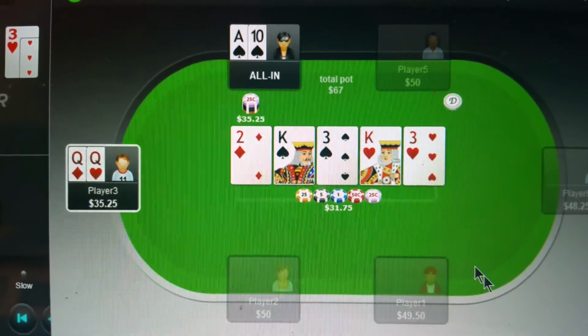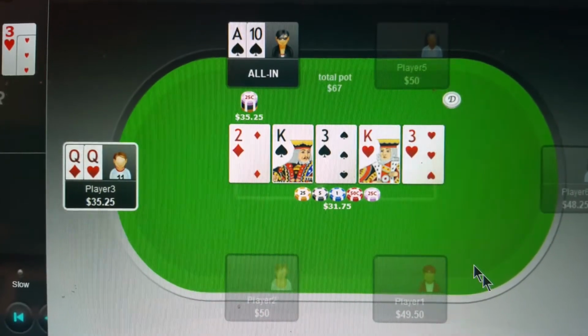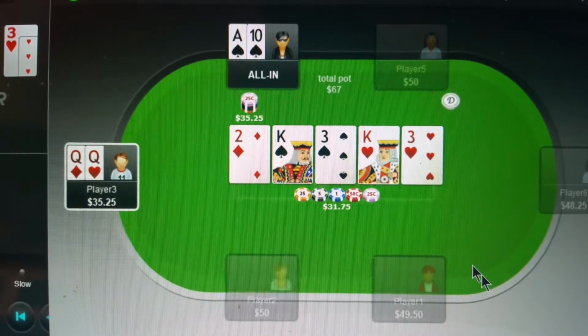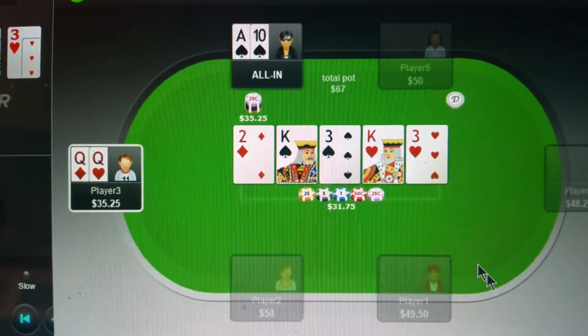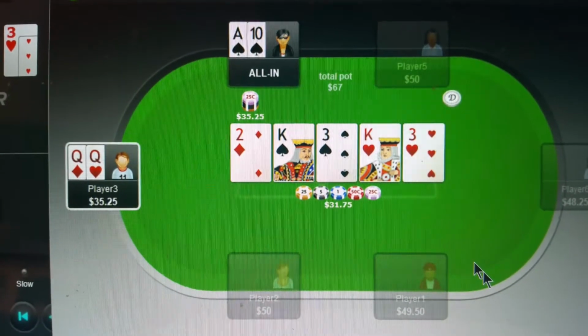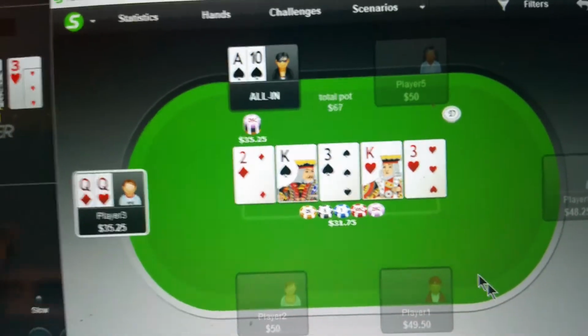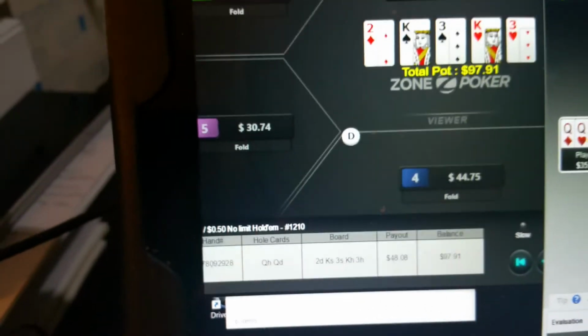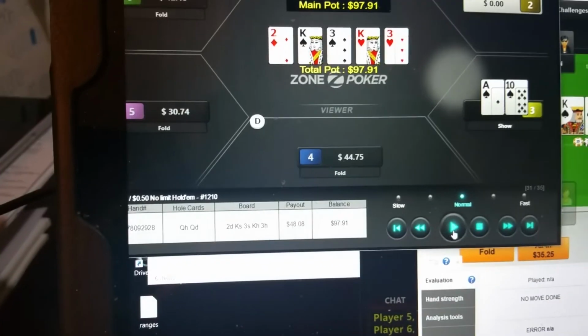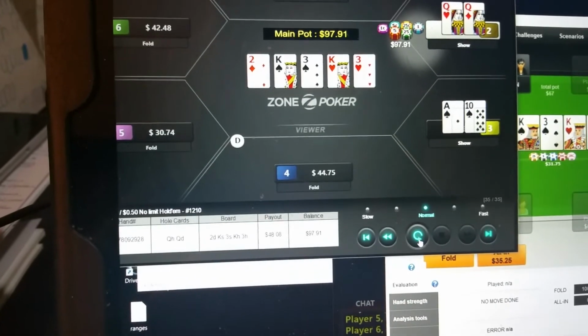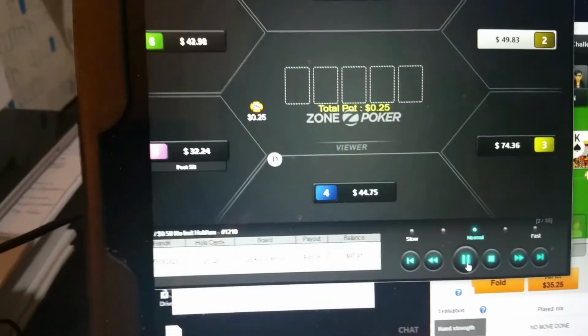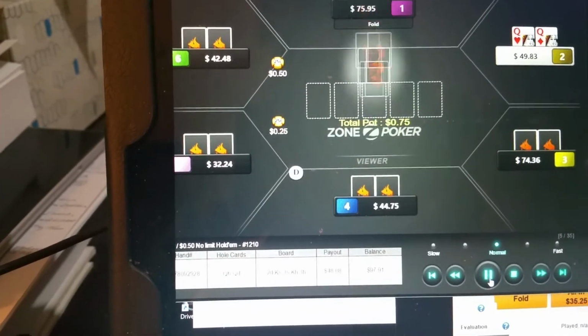And he shouldn't have jammed though, although that was a very strong move. But I was basically uncapped, I believe. Let's see if I was capped or not. So I raised, yeah, so I raised, he called, so I was uncapped.